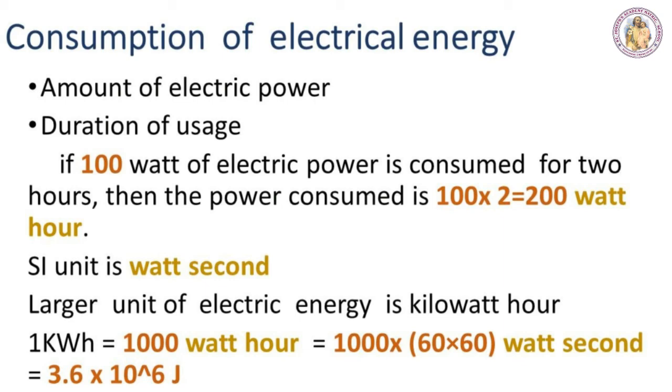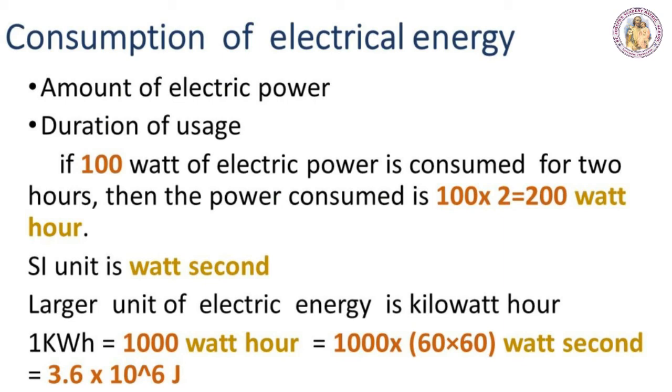Electrical energy consumed is taken as the product of electric power and time of usage. For example, if 100 watt of electric power is consumed for 2 hours, then the energy consumed is 100 into 2 is equal to 200 watt hour. Consumption of electrical energy is measured and expressed in watt hour, though its SI unit is watt second.